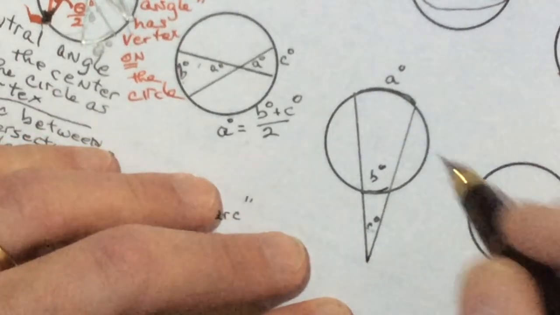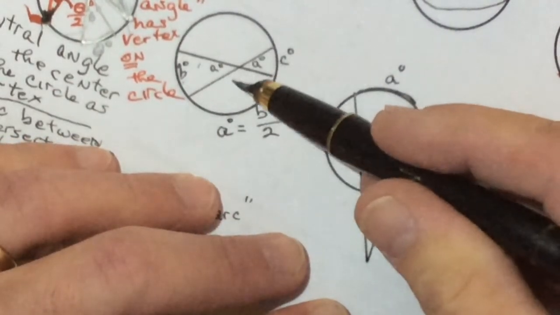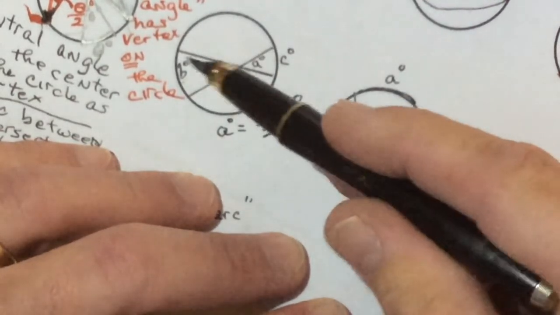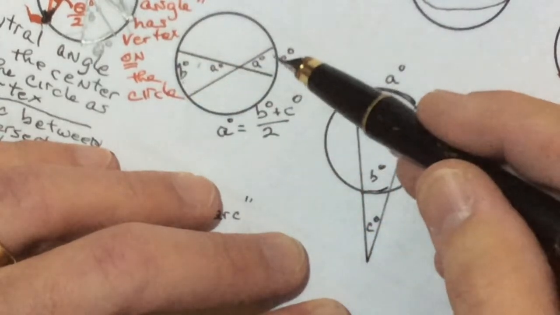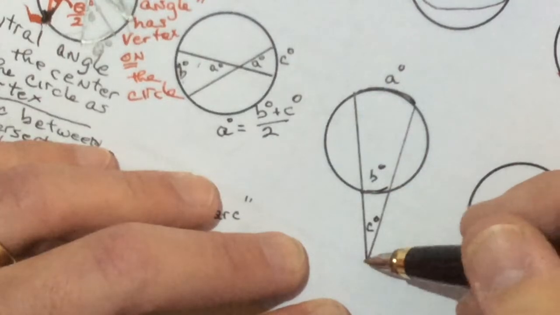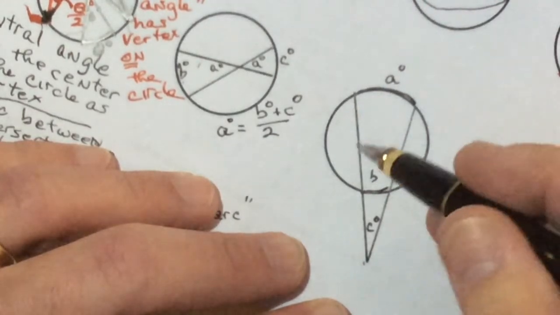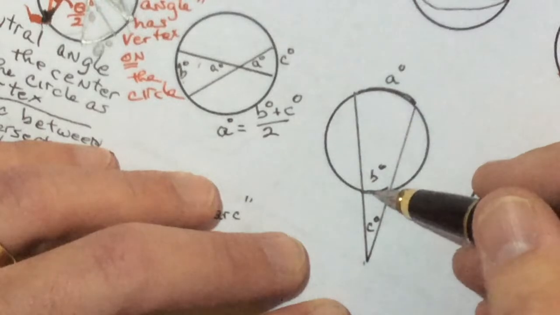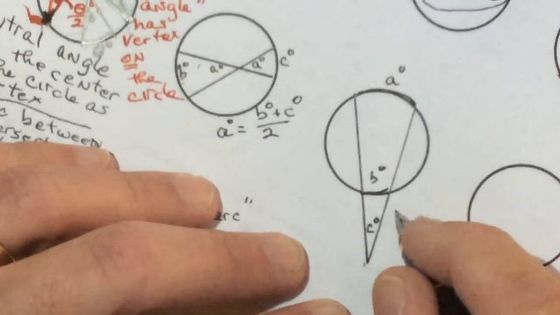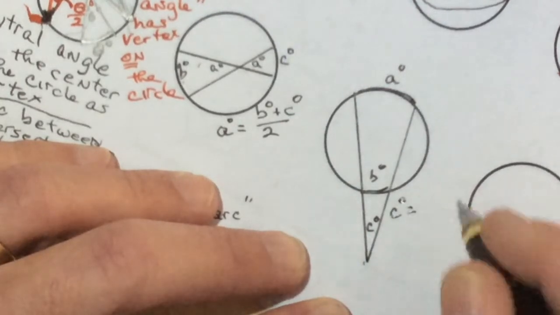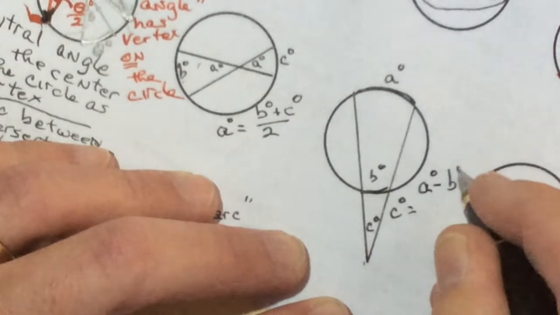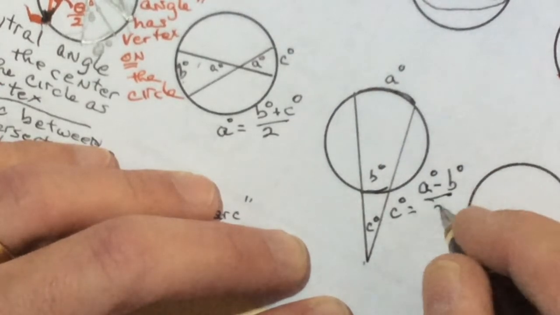Here's the deal. Over here, if they intersect inside the circle, you add the two arcs together and divide by 2. If the two lines intersect outside the circle, you subtract the arc measures and divide by 2. C here is going to equal A degrees minus B degrees divided by 2.